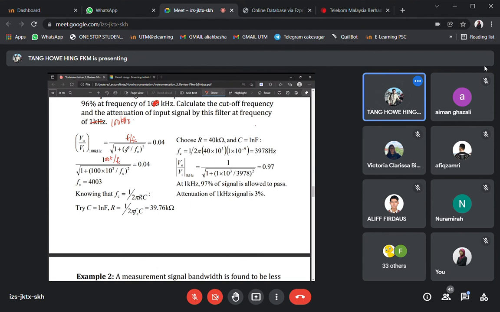So let's assume 100K divided by FC equals alpha, just a variable. So I get alpha over the square root of 1 plus alpha square, and this equals 0.04. So I square everything. I get alpha square equals 0.04 square multiplied by (1 plus alpha square).